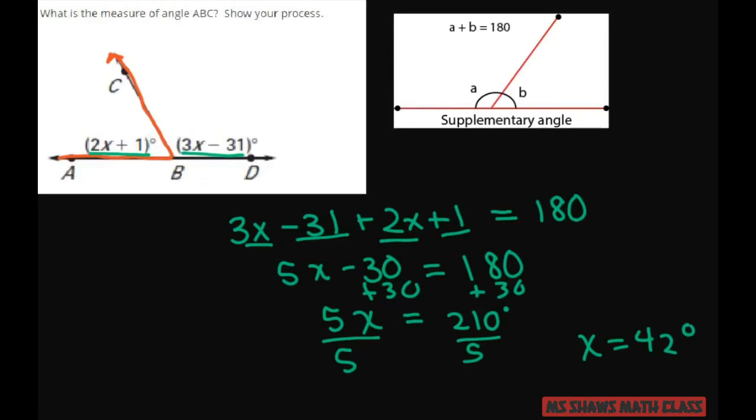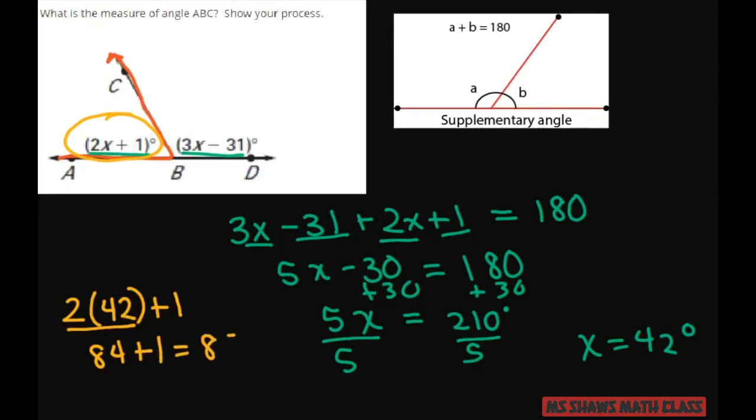Now if x is 42, we need to substitute our x with 42, because this is the angle they want. So 2 times 42 plus 1 gives you 84 plus 1 equals 85. So this has to be 85 degrees.